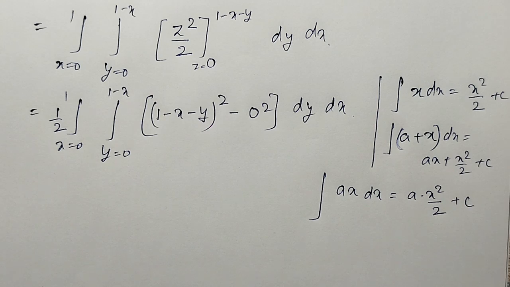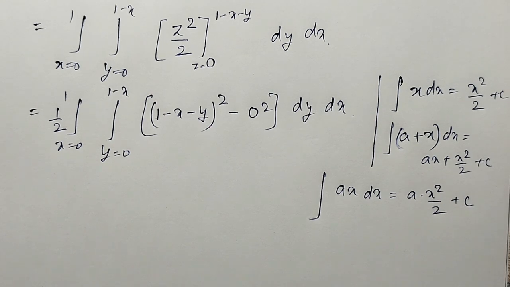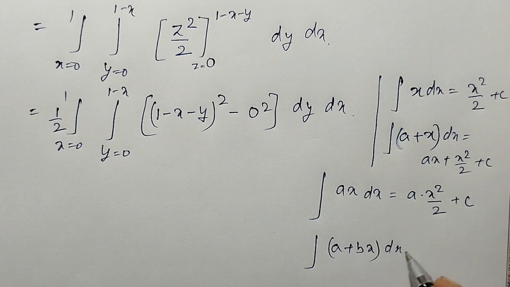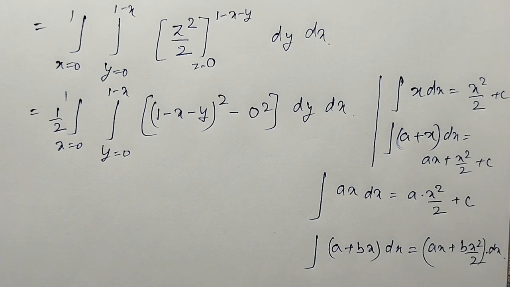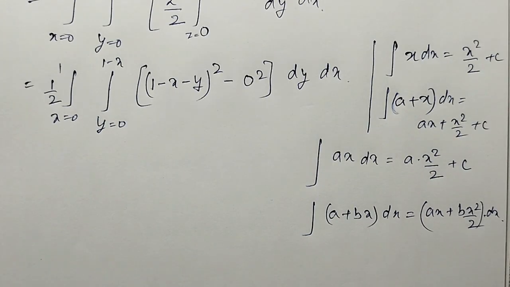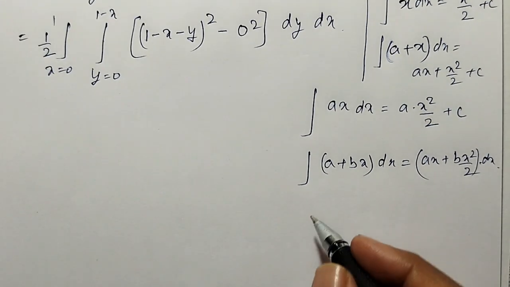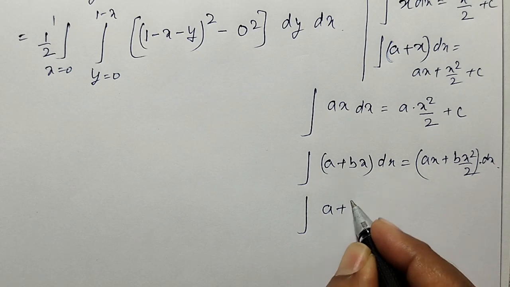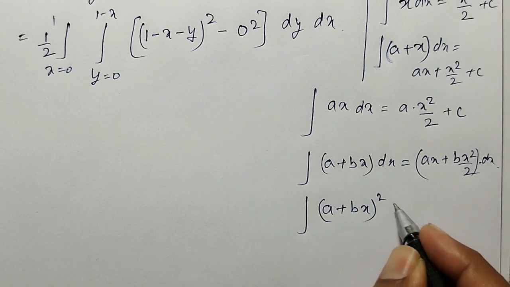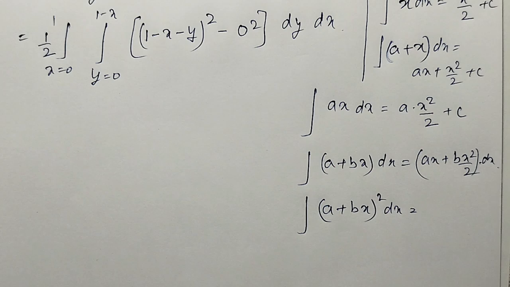Similarly, integration of a plus bx into dx is nothing but ax plus bx square divided by 2. We know that, right? Now if it is integration of a plus bx the whole square dx, it is important, it is a whole square.